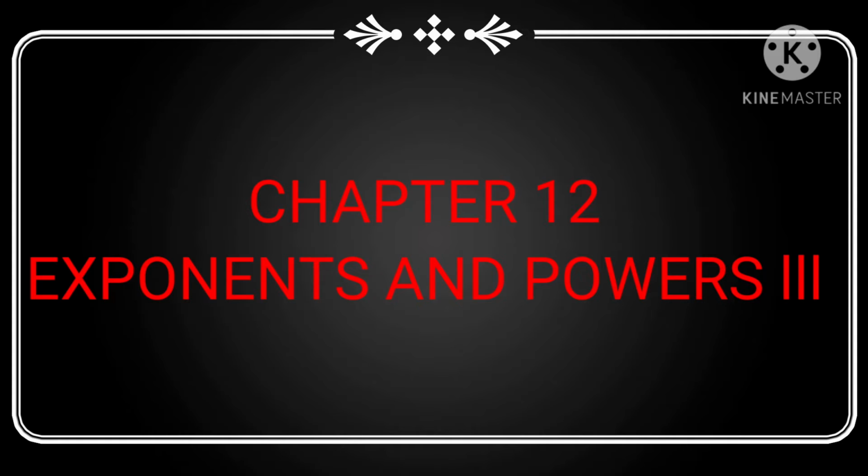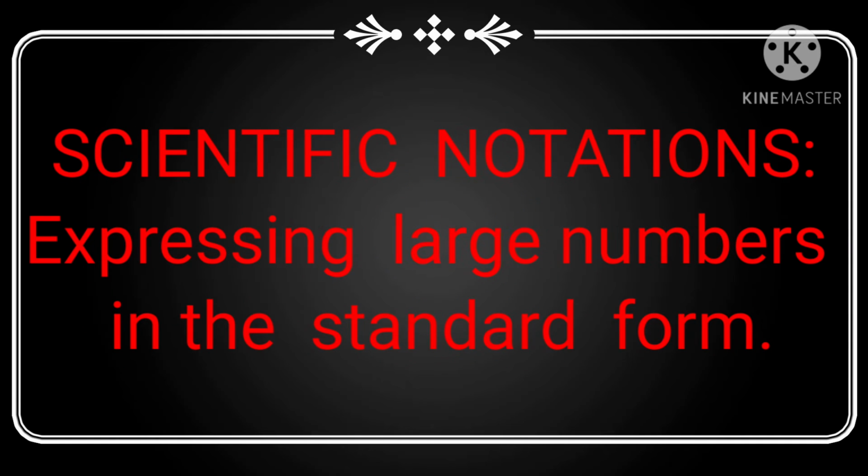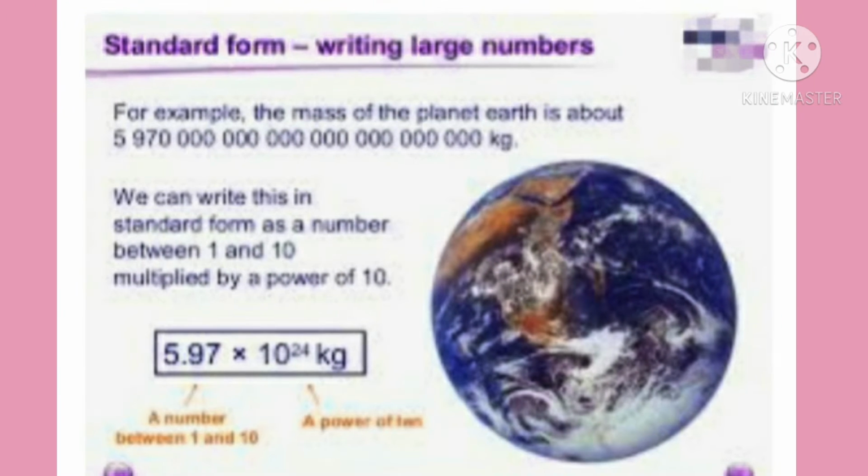Once again, I am here in front of you to bring another video of the third exercise of the chapter Exponents and Powers, in which we shall deal with scientific notation, that is, expressing large numbers in standard form. Now, children, in the very first video, I had explained that we often come across very big numbers like the mass of the planet Earth, which is 5970 followed by 21 zeros.